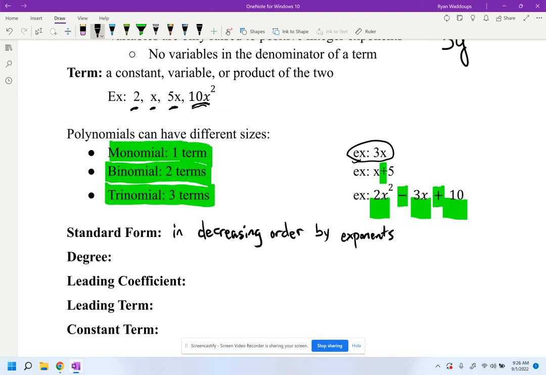The degree of a polynomial is the highest exponent.